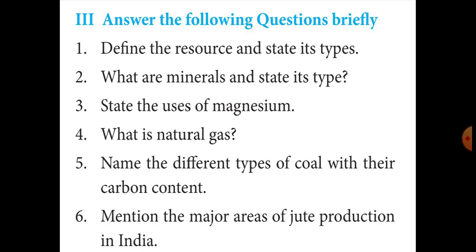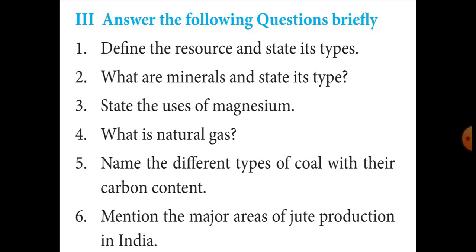Then, in the same paragraph, three or four lines after: The natural resources are classified on several bases. They are classified into two types: renewable resources, and in the next paragraph, non-renewable resources.